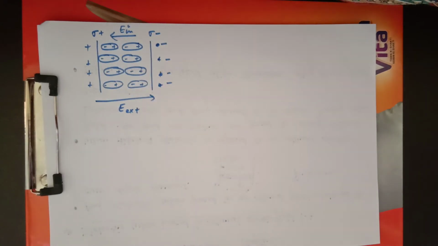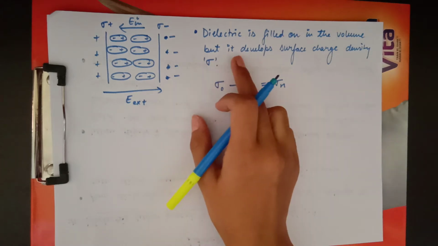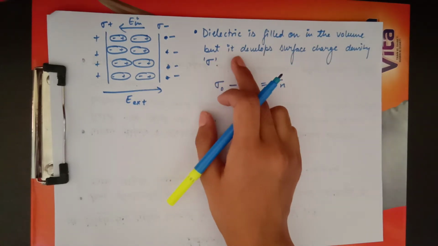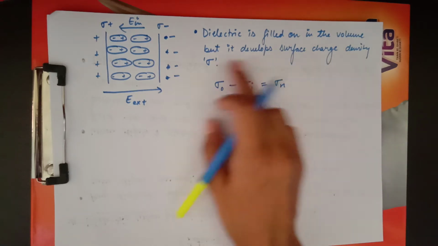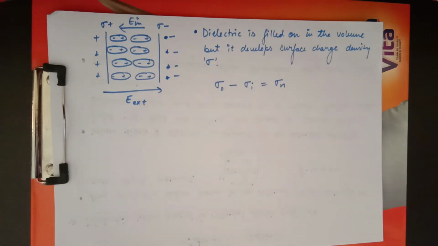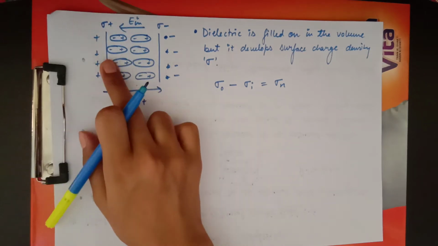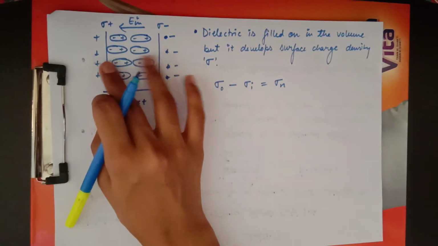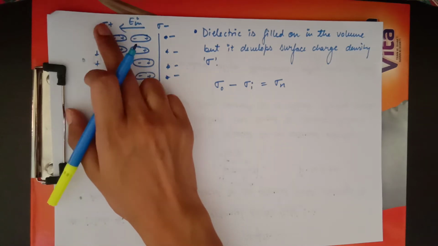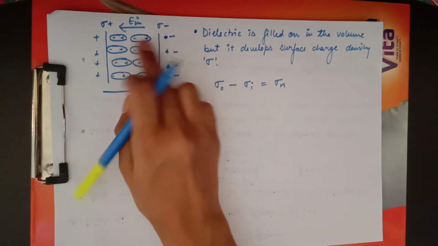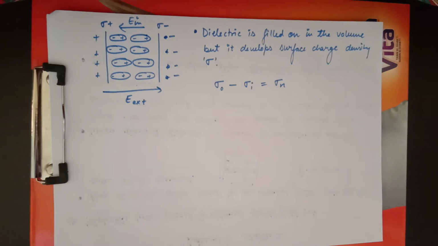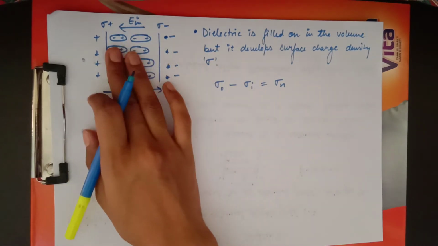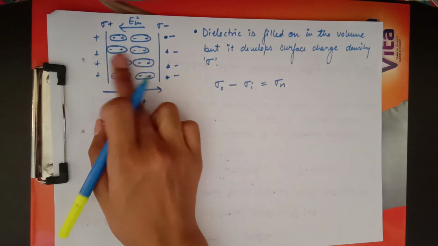The next assumption is, the dielectric is filled in the volume, but it develops a surface charge density sigma. Means here are two plates, a positively charged plate and a negatively charged plate, and you fill a dielectric in between these two plates. If the surface charge density of the plates is given, we take the induced electric field, and here we will take the surface charge density of the dielectric.